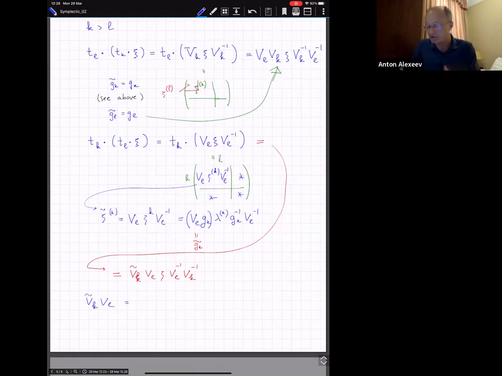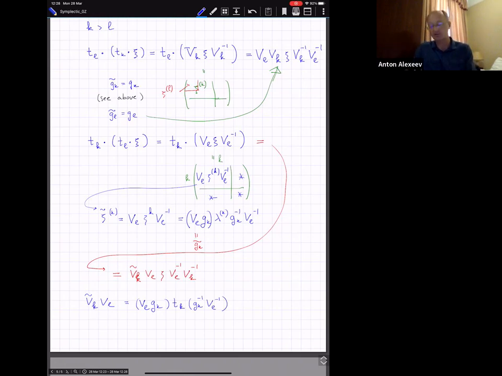Well, but we now know what it is, right? It is VL GK conjugation TK GK⁻¹ VL⁻¹.